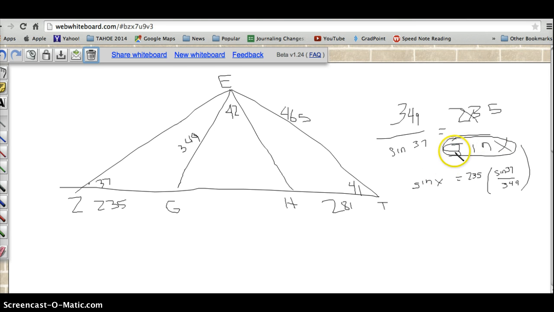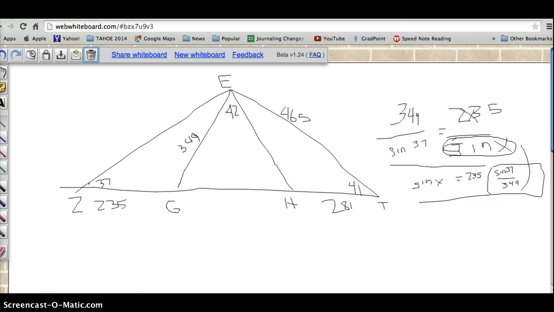So what I did is I multiplied each side by the sine of X and then had to multiply this by the reciprocal. Once we did the manipulation, I have the sine of X, which again is one number, so I can't get rid of the sine to have the X by itself. That's one number. It equals 235 times the sine of 37 divided by 349.